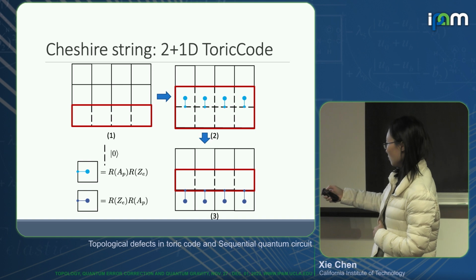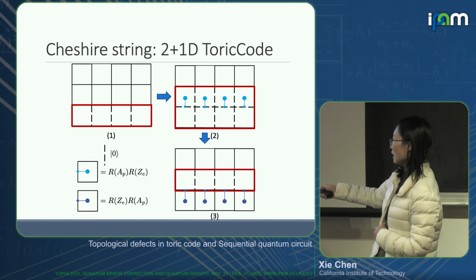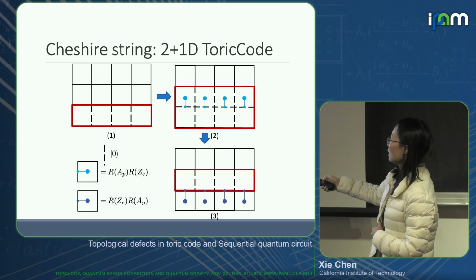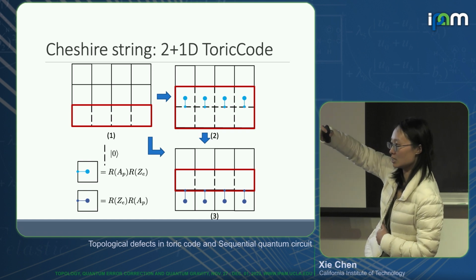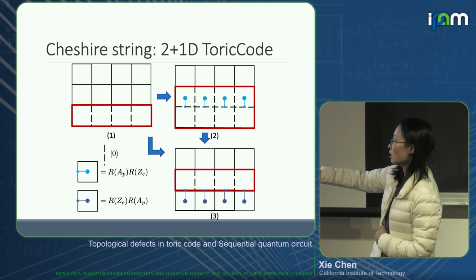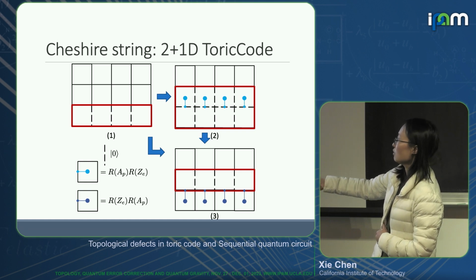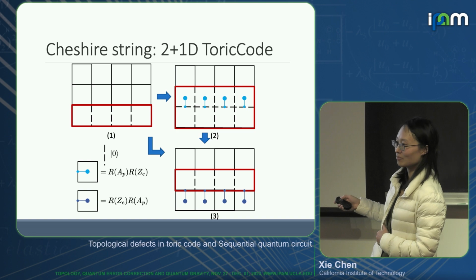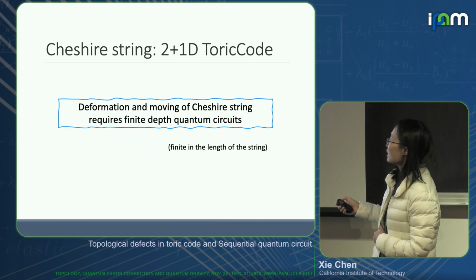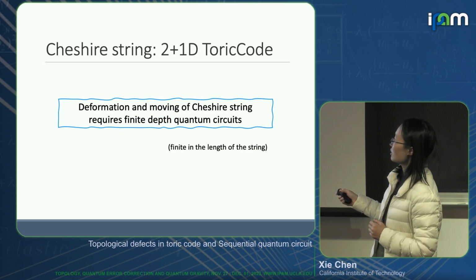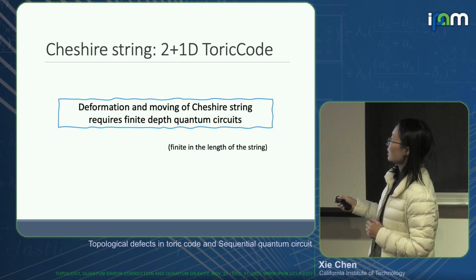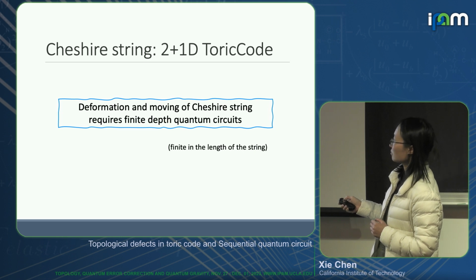And then, of course, we can make it thinner again by applying another layer of one-depth circuit. If we combine these two steps, we're effectively moving the defect by one lattice constant. So movement of the defect can be achieved through a finite depth circuit. So this is take-home message 2: deformation and movement of Cheshire string require only a finite depth quantum circuit.